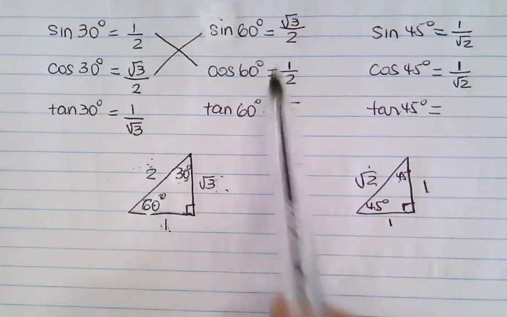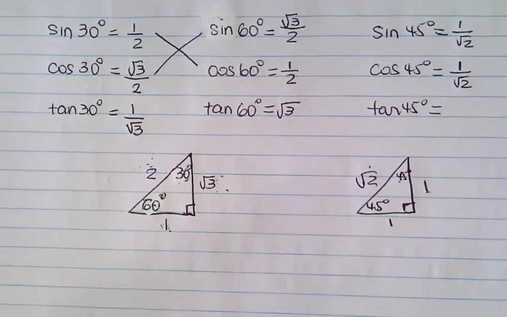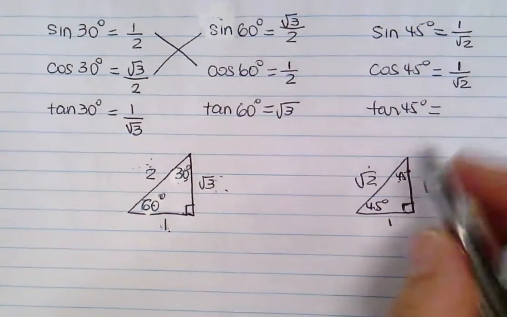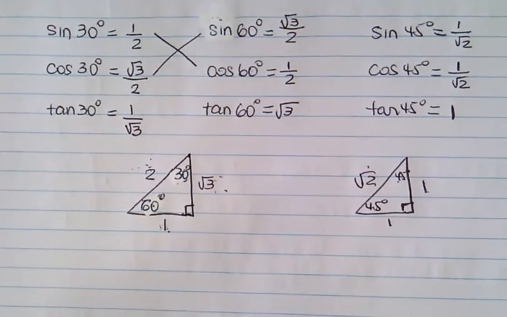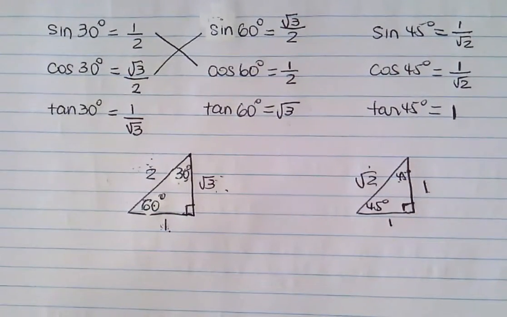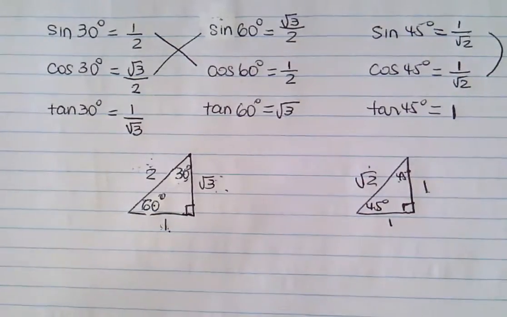So sine 30 will equal cos 60, and cos 30 is equal to sine 60 because 30 and 60 make 90. What do 45 and 45 add up to? All right, we'll spend more time on that tomorrow. Tan 45 is just 1 on 1, and if you do it on your calculator, it's 1, so you don't need to square it and you don't need to square root it. Okay, notice those two are the same.